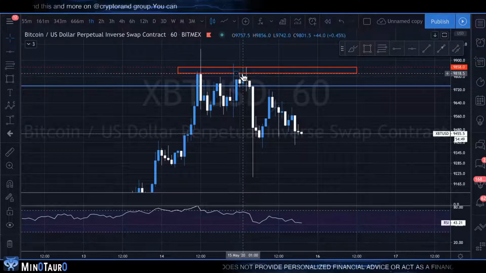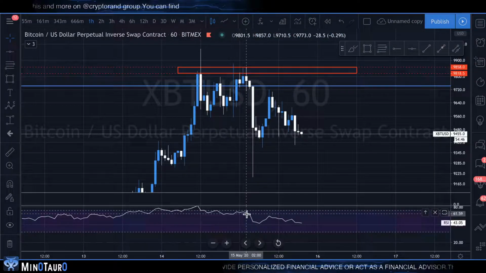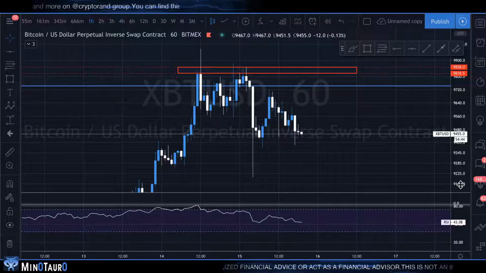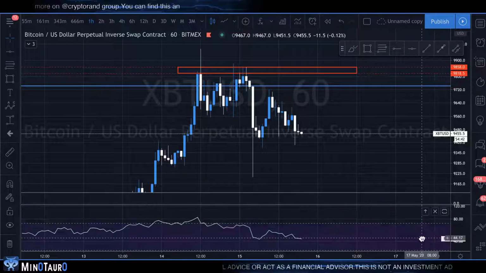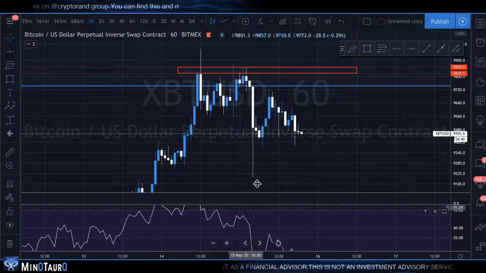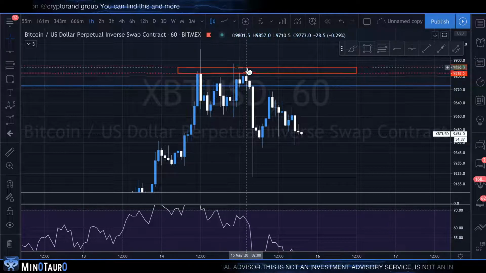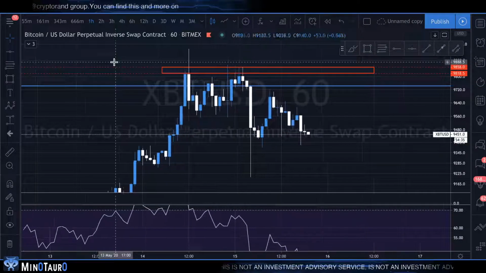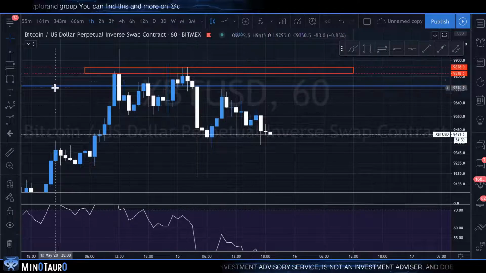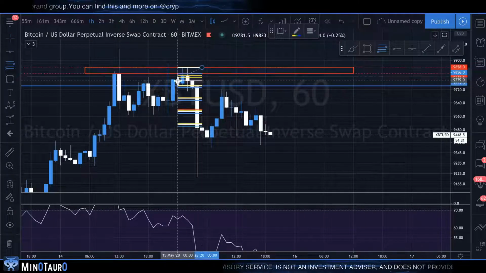It did not let the price go over. There was also a small divergence here, so that's the crashing move here, because of the divergence.